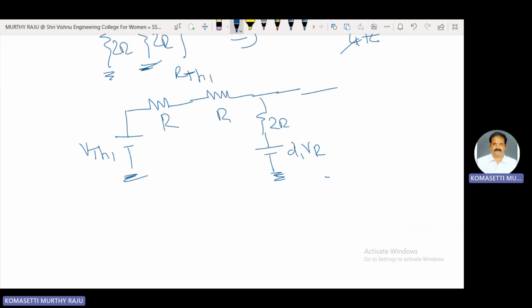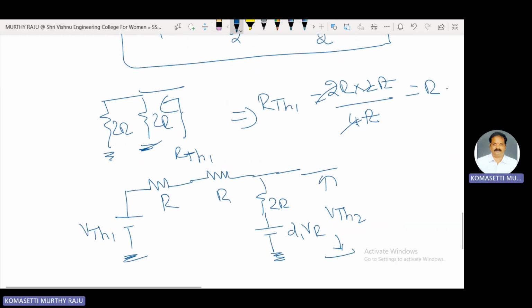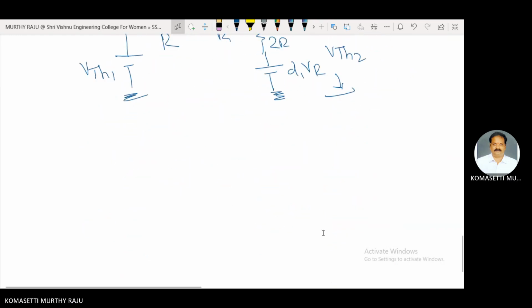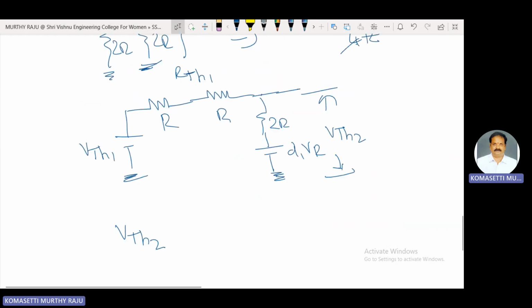Now find out Thevenin's equivalent circuit, that is VTH2. Apply nodal analysis at this point. VTH2 into the resistances connected are 2R, R plus R, 2R.